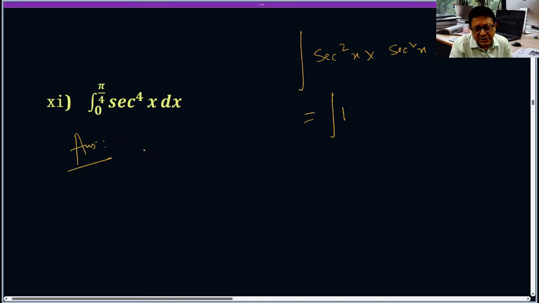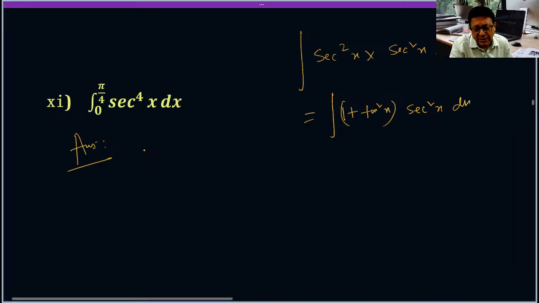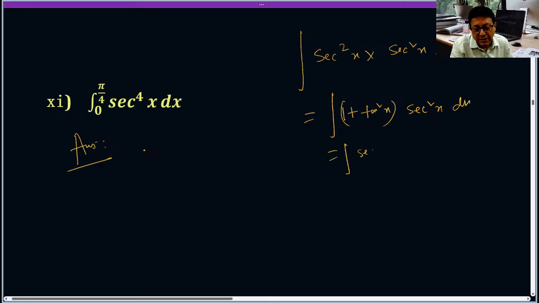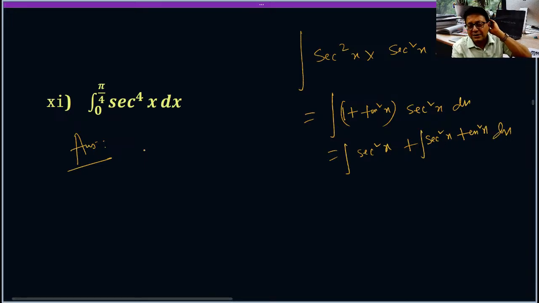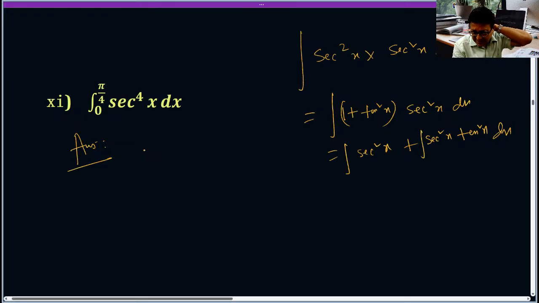It is 1 plus tan square x, sec square x, that is, sec square x plus tan square x into sec square x dx. Sec square x you easily integrate to tan x. But how to do this one? Sec square x tan square x.